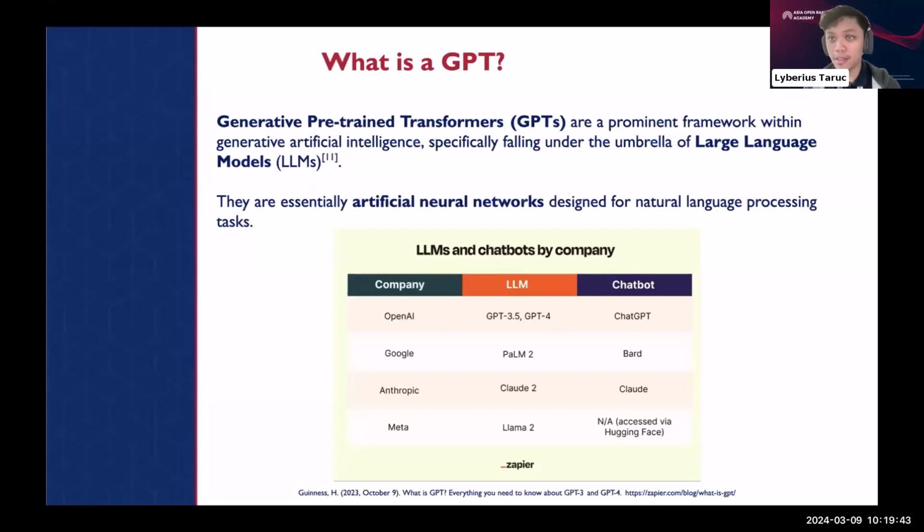This is a prominent framework within generative artificial intelligence, and it falls under the umbrella term of large language models. Now, most of the topics that I have discussed here apply more to the machine learning aspect of natural language processing. If we look at NLP on a much bigger picture in relation to machine learning, there are what you would call large language models.